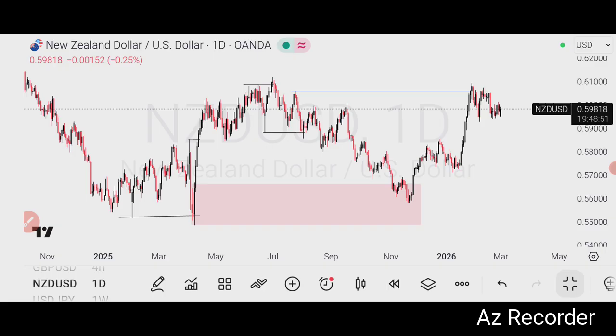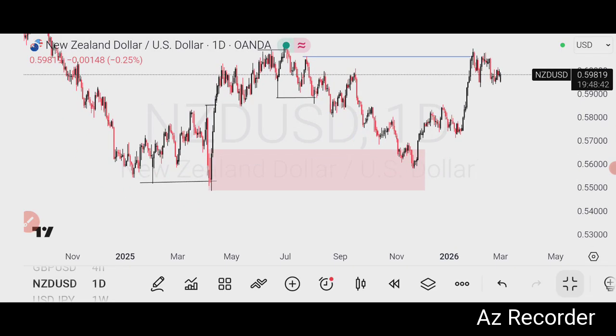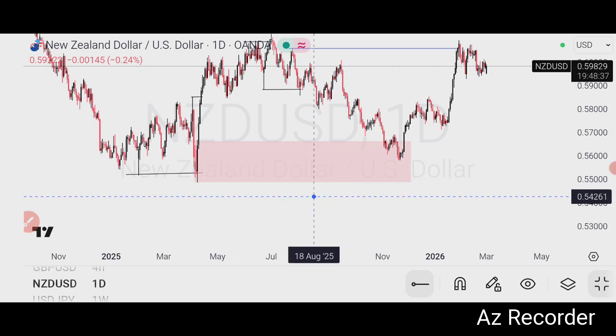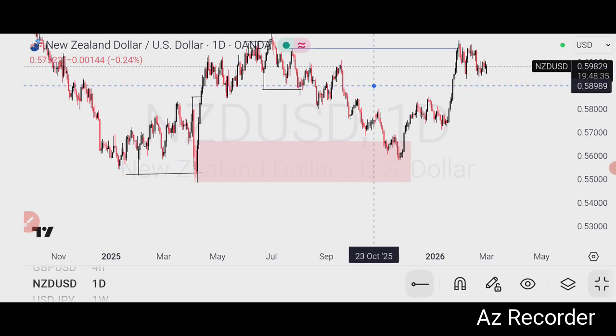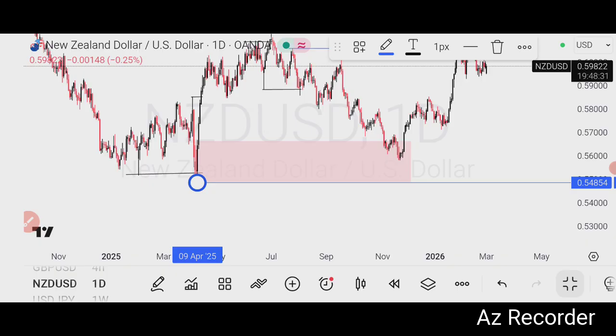So if I sell this market from that point up there, I should know if there is liquidity below that can fuel this price to the downside. In this case, there is liquidity below. So if we want to sell this market down, our target is going to be this low. This is where we have our valid liquidity. Okay, now it means that this zone is valid for liquidity.